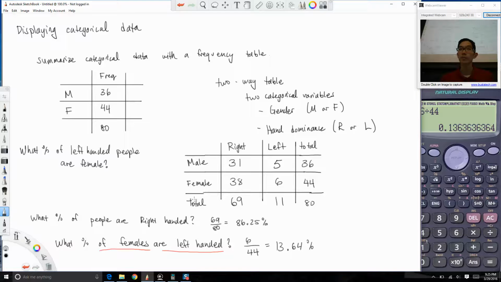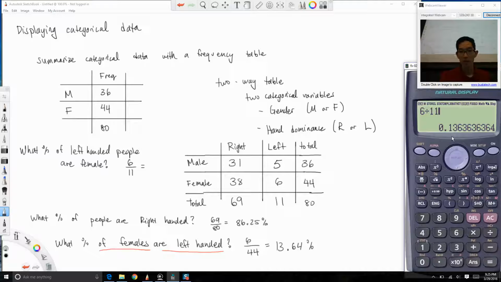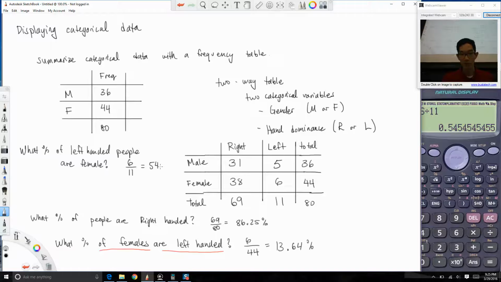What fraction would I have to do here to get the answer? 6 divided by 11, right? So we have 54.54%. I just want to make sure everyone's okay, or if there are any questions here.